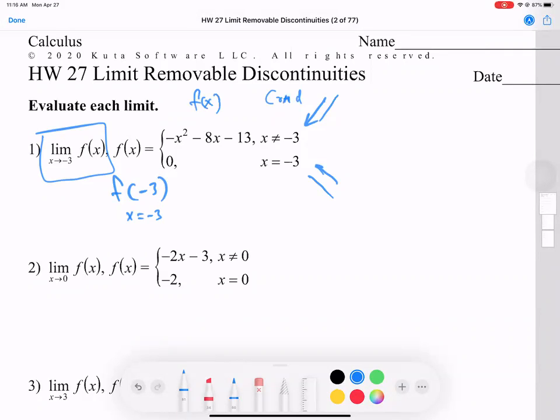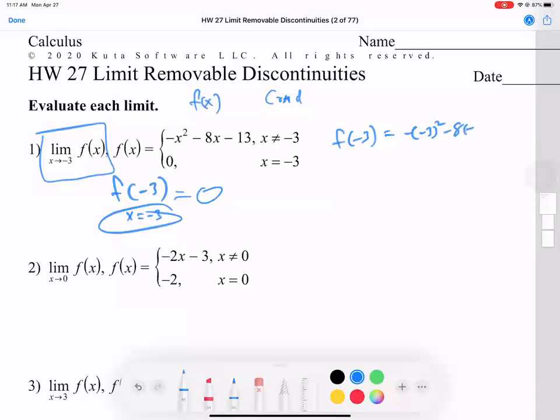So the condition here is x is -3. Well, fine, use the bottom function. That means the graph is at 0. Great, 0. Now, what do limits mean? It means what should it have looked like? Well, the graph should have looked like f at -3 when I plugged in -3 into the upper function.